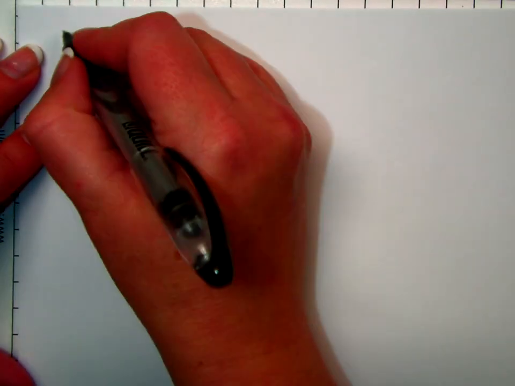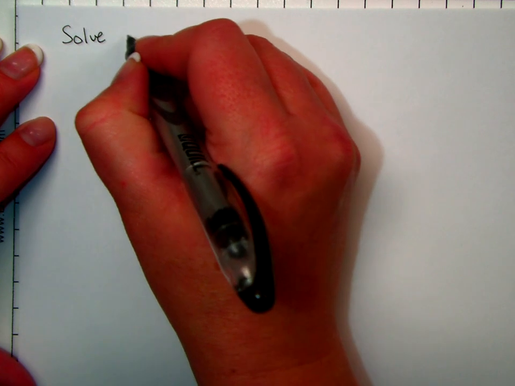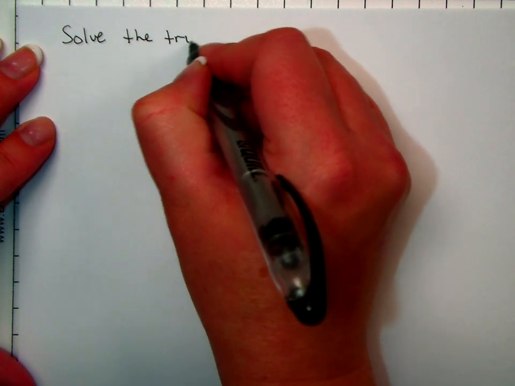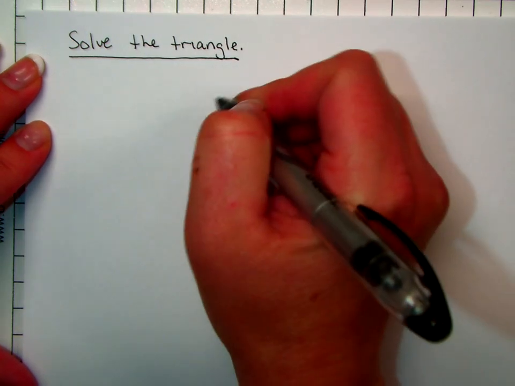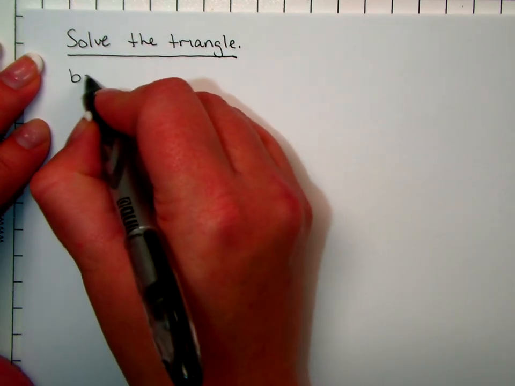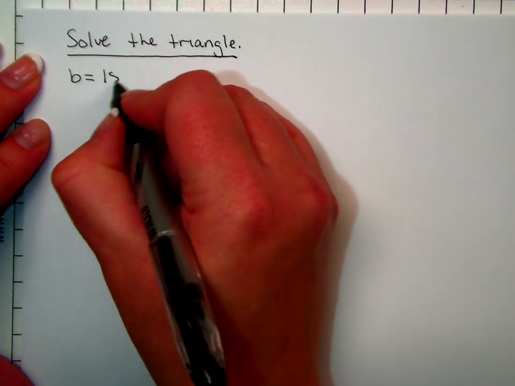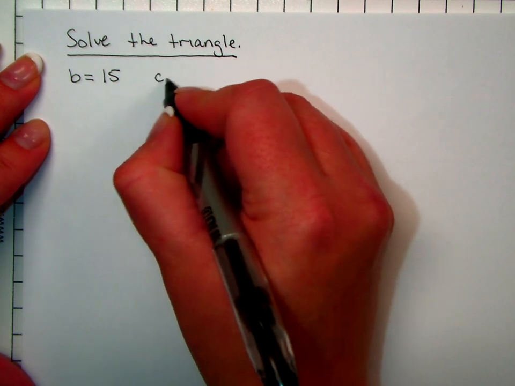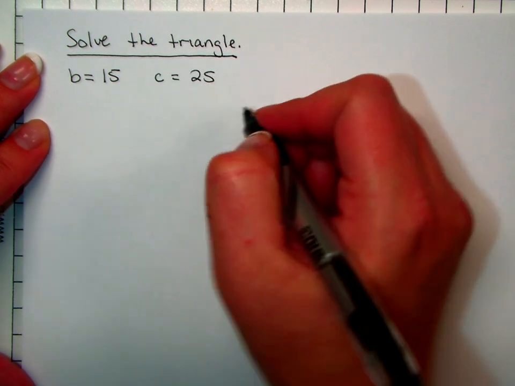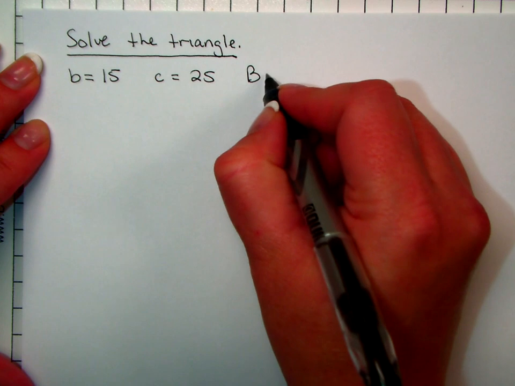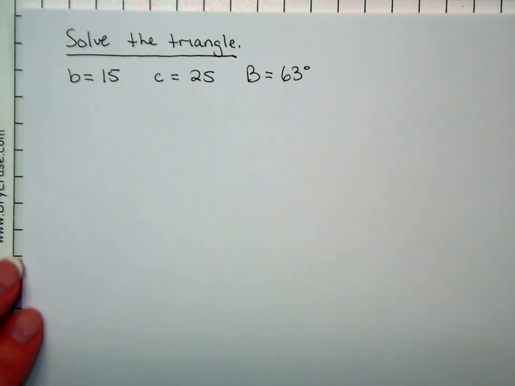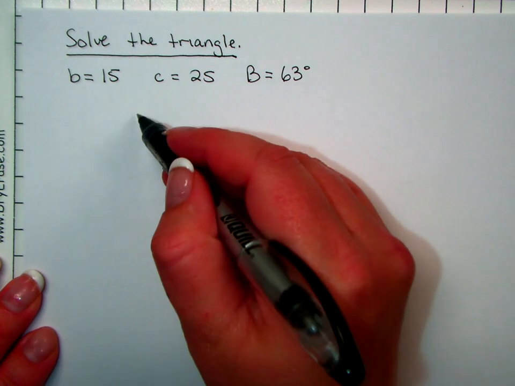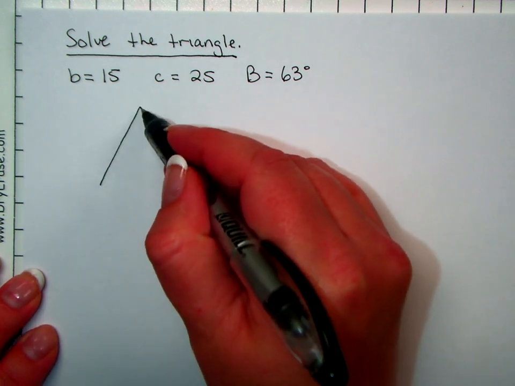So the directions, always just going to say solve the triangle. Our given this time is little b is 15, little c is 25, and angle B is 63 degrees. So I'm going to go ahead and draw and label accordingly.